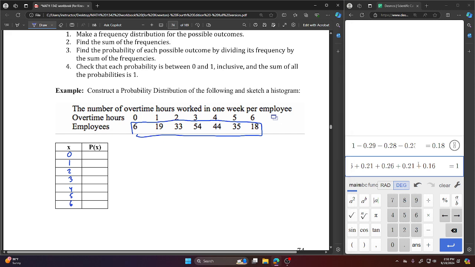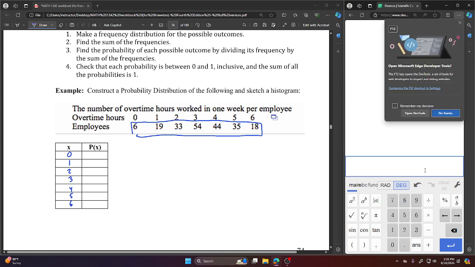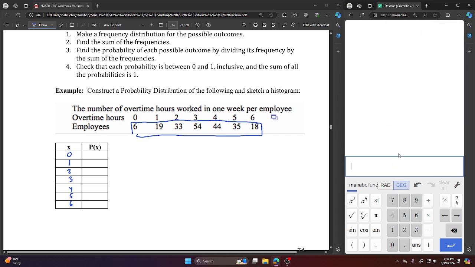We're talking over 100 something people at this company. Okay, so 6 plus 19 plus 33 plus 54 plus 44 plus 35 plus 18. So I got 209 total people that do or don't get overtime.